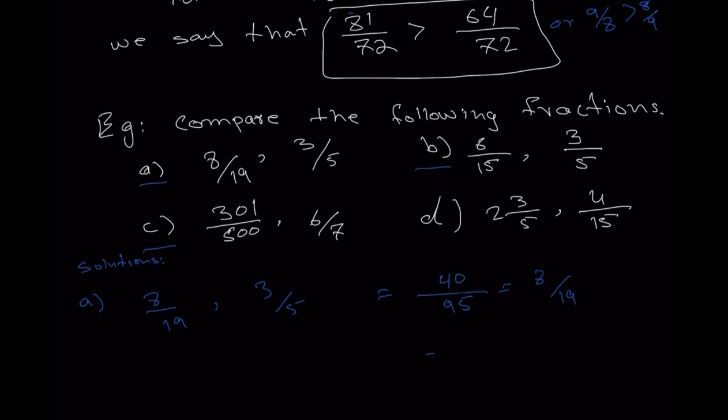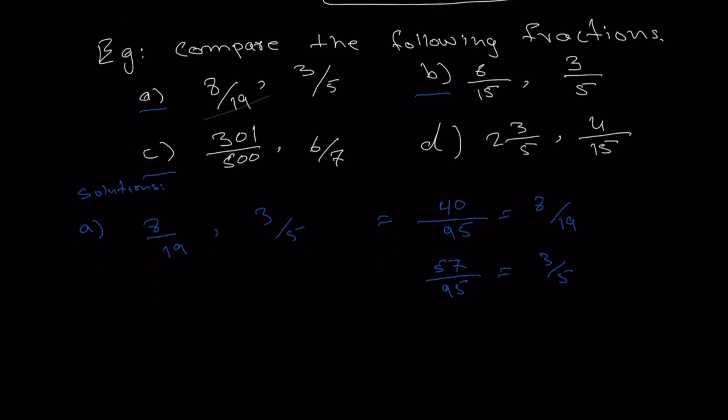Now we will create an equivalent fraction to 3 over 5. So the common denominator is 95. 95 divided by 5 is 19, times 3 would be 57 over 95, and this is equivalent to 3 over 5. So now we are comparing 40 over 95 and 57 over 95.